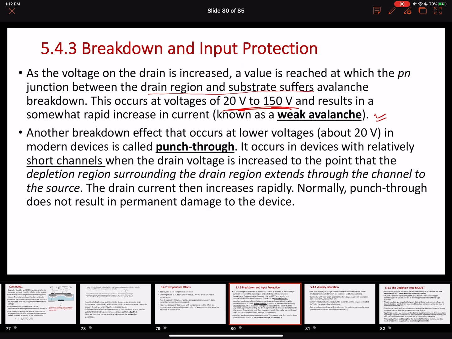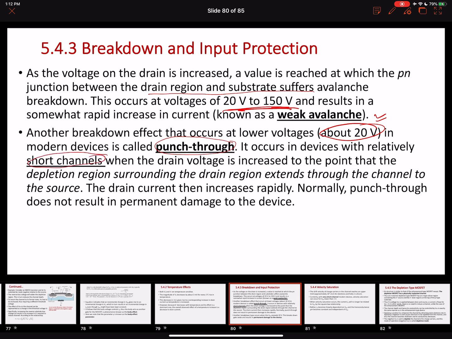Another important thing related to avalanche and higher voltages is a phenomenon known as punch through. This phenomenon also occurs at comparatively higher voltages, if we keep on increasing the drain voltage, at around 20 volts. The punch through phenomenon is more dominant in shorter channels.